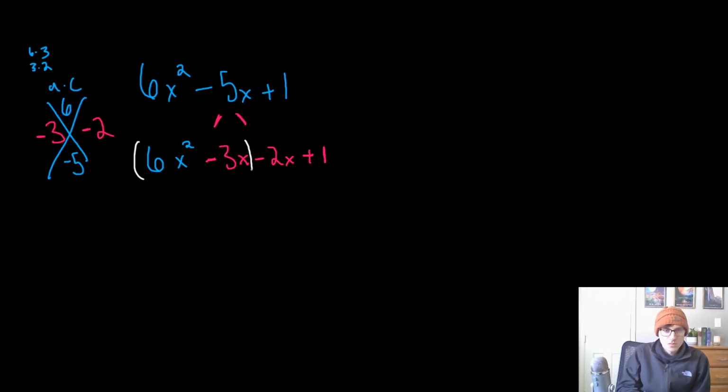So now I need to group these terms up. And I want to actually rewrite this so that you can see I'm not multiplying these terms. I'm grouping them into two different parts. 6x squared minus 3x. So that's one group. And then we have that group plus my second group, which is negative 2x plus 1.